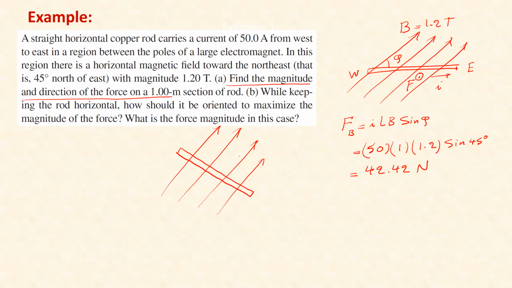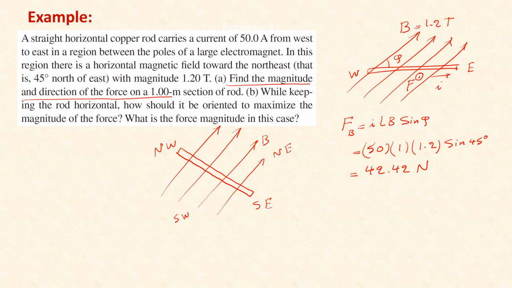So now it is northwest to southeast, right? And this B is from southwest to northeast. They are perpendicular to each other. So we need to turn it 45 degrees this way in clockwise direction.